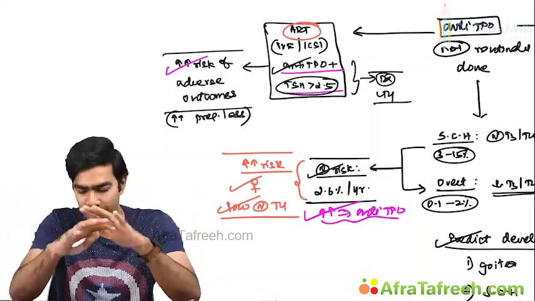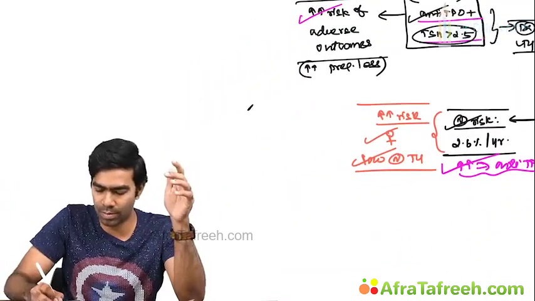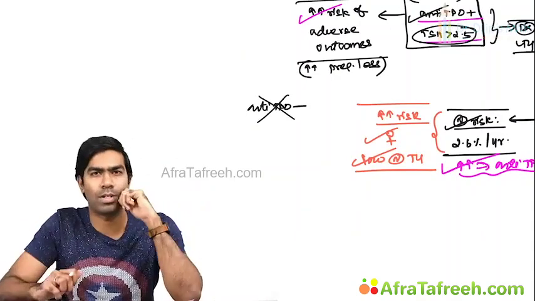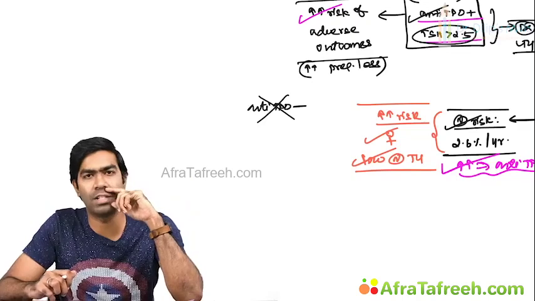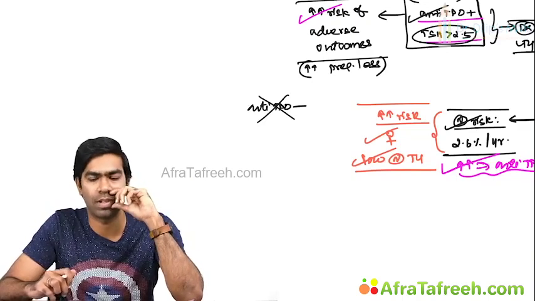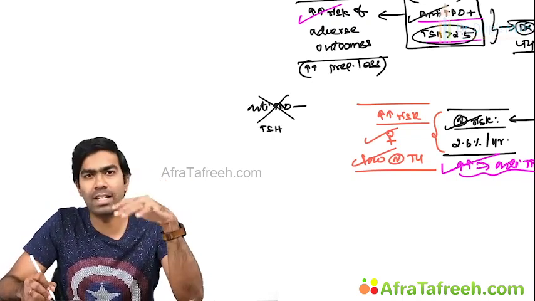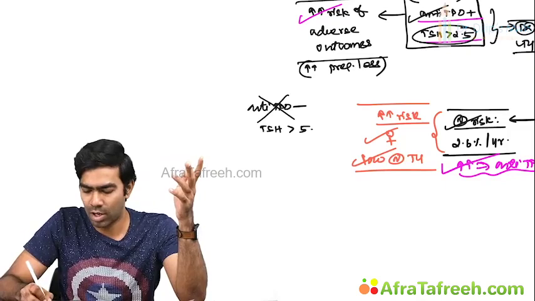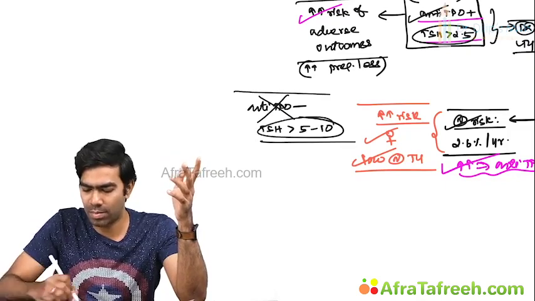Is there any benefit to keep the TSH to less than 2.5 in a patient who is anti-TPO negative? Absolutely no. That's also a very important point. If anti-TPO is negative, no point. There is no need to keep the TSH to less than 2.5. Clear? So this increased risk of adverse outcomes and increased risk of pregnancy loss is not seen up to 5 to 10.